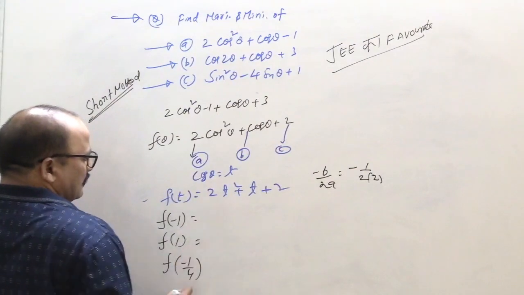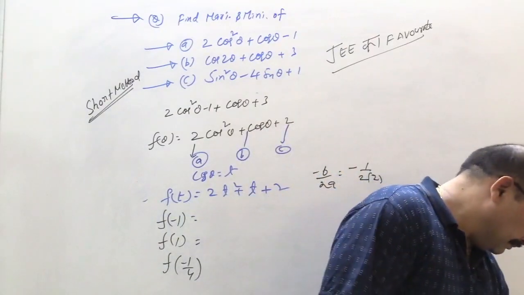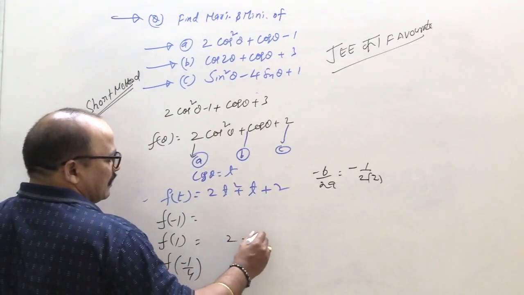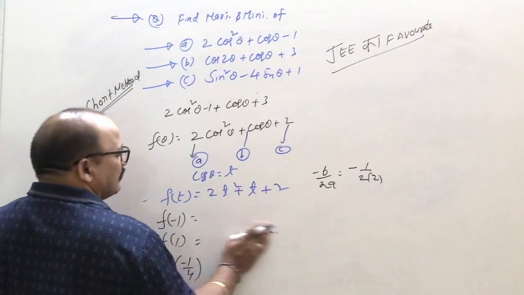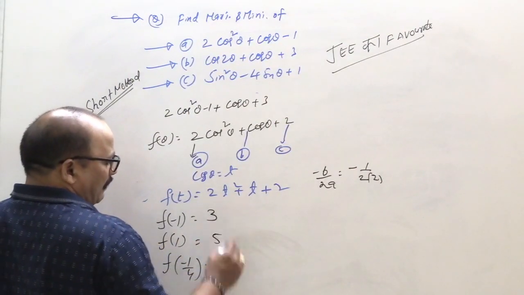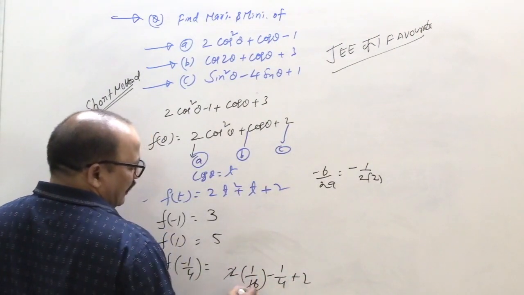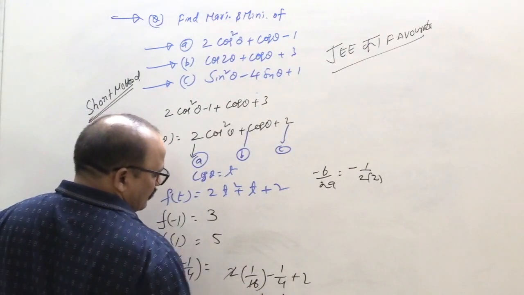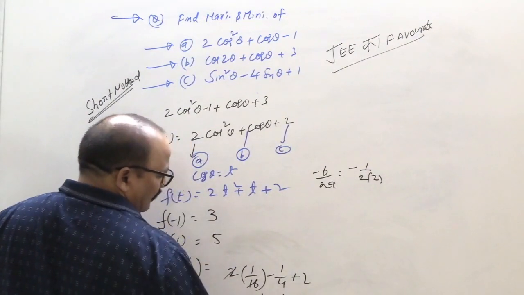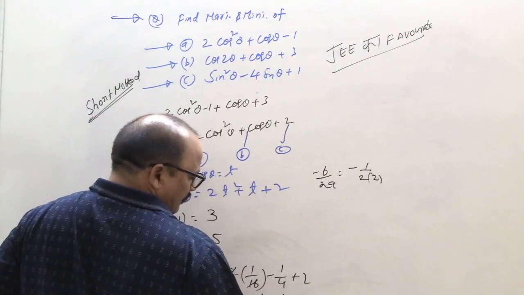Substituting, f of minus 1 is 2 minus 1 plus 2, which is 3. Then f of 1 is 2 plus 1 plus 2, which is 5. For minus 1 by 4: 2 times 1 by 16 is 1 by 8, minus 1 by 4 plus 2. Taking LCM 8, we get 15 by 8.